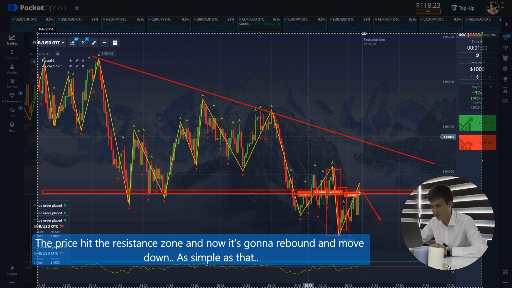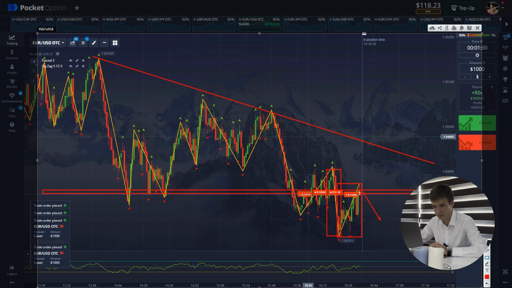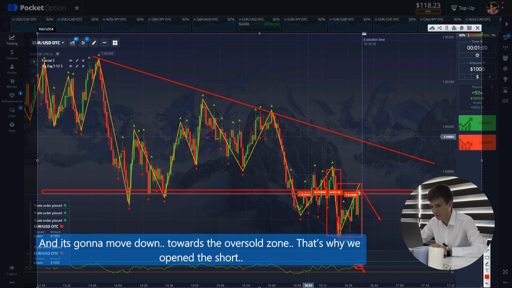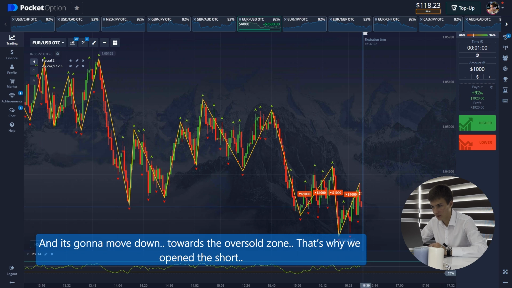The price hit the resistance zones, and now it's going to rebound and move down. As simple as that. If you look at the RSI, we see the reversal here. The moving average is near the level 50, and it's going to move down towards the oversold zones. That's why we open the short.